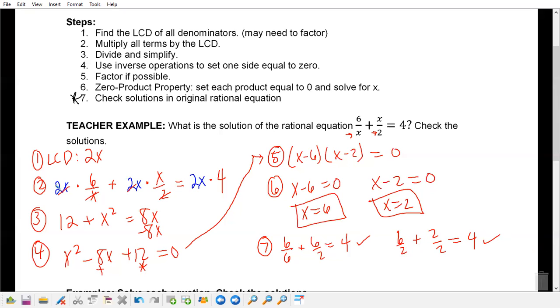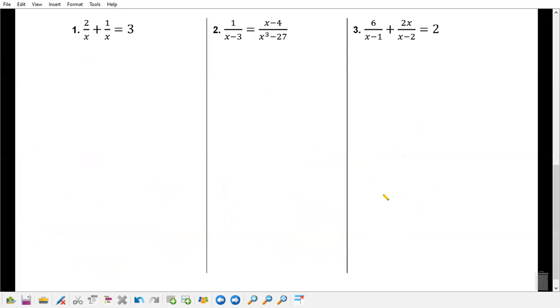Yes, we did it right. So these are our answers. Those are all 7 steps at play. Now, these 7 steps are suggested. As you go through the problems and use the math skills you're comfortable with, your steps may be reduced. Your steps may be different than someone else's.